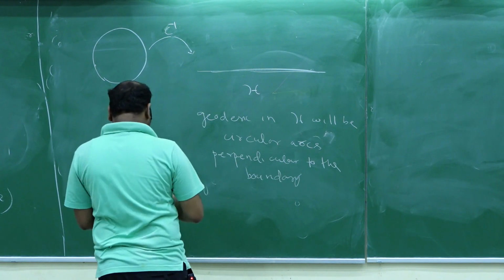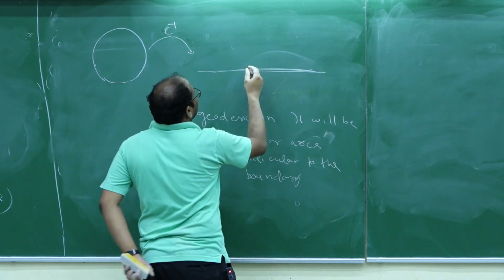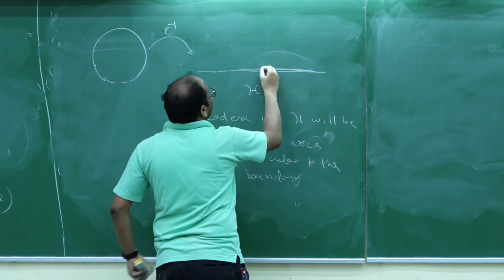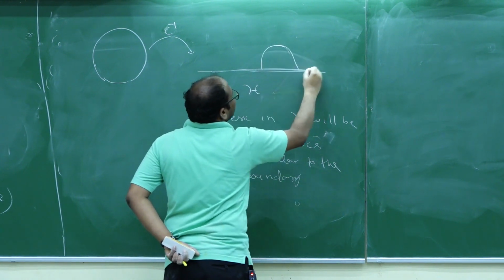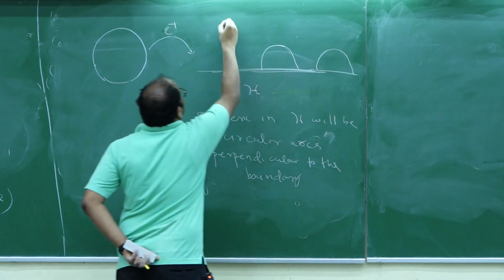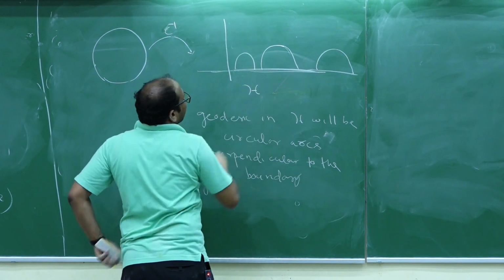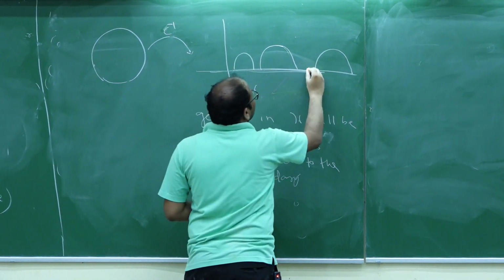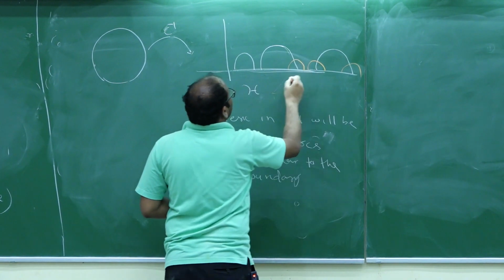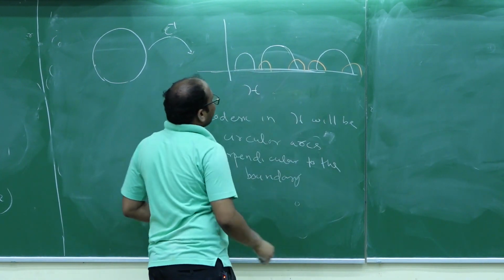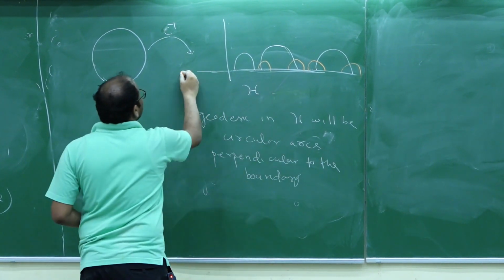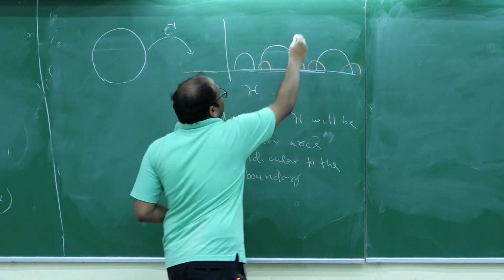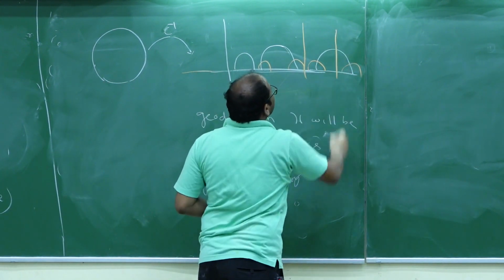So that means, what will be the picture of geodesics here? These are the circular arcs perpendicular to the boundary. So these are geodesics.